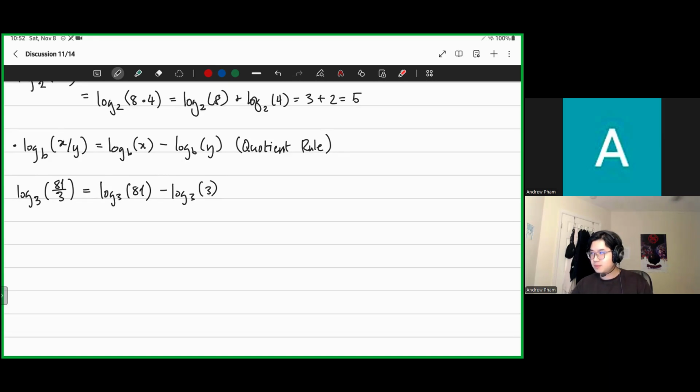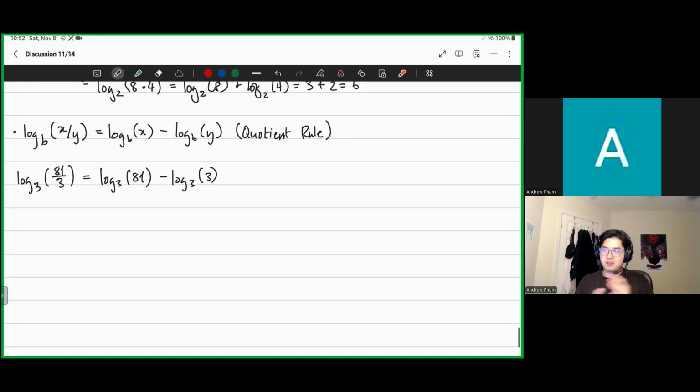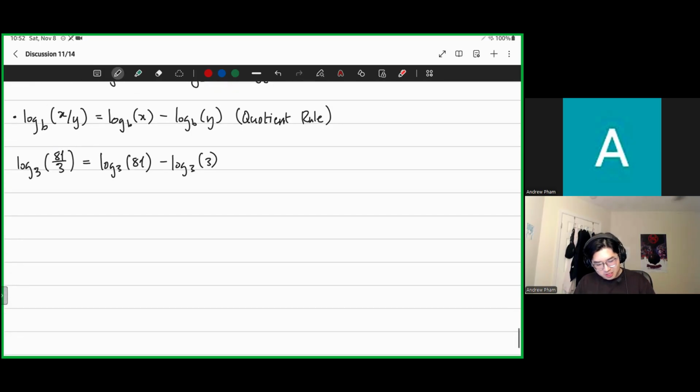Now log base 3 of 81 is kind of big, so let me be a little creative and say that log base 3 of 81, using the product rule, I can write as log base 3 of 9 plus log base 3 of 9, right? 81 is just 9 times 9, minus log base 3 of 3.